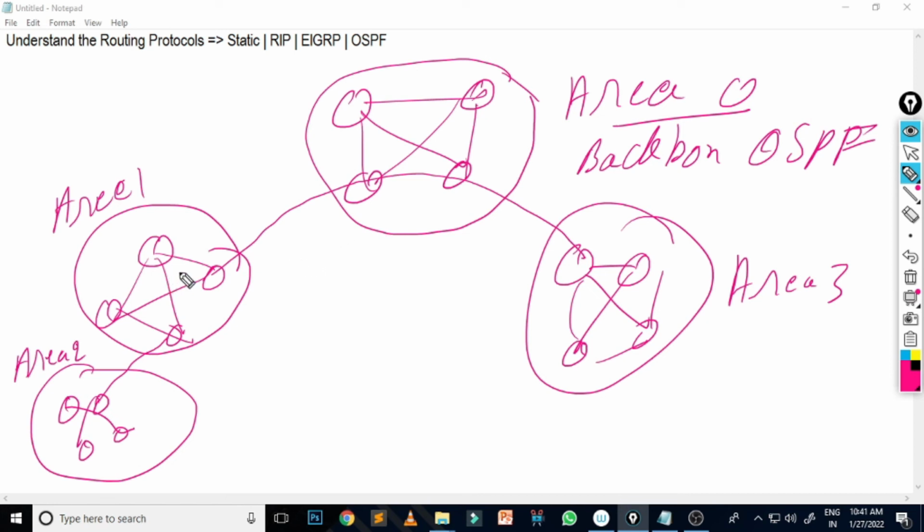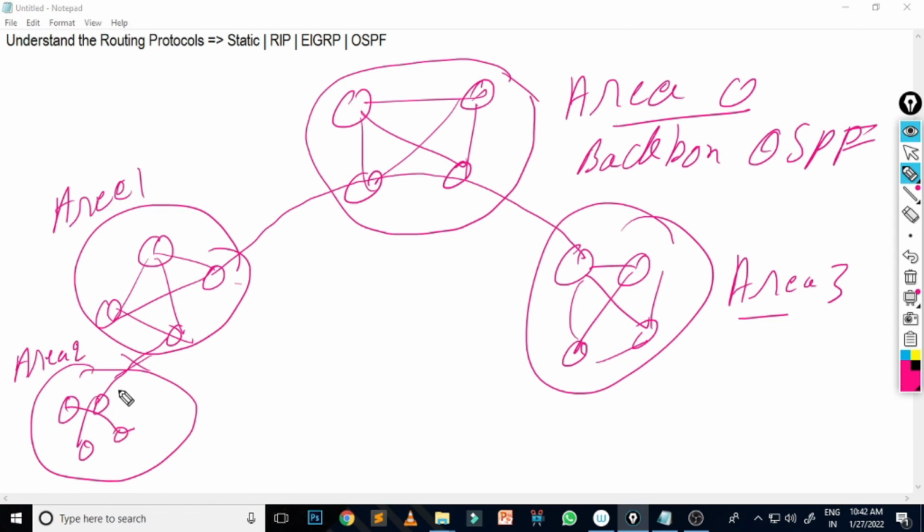All the regular areas should have direct connectivity to area 0, so that the data from area 1 will transfer to area 0, and area 0 will transfer that particular data to area 3. Even if you connect area 1 and area 2 directly, the data will not communicate.